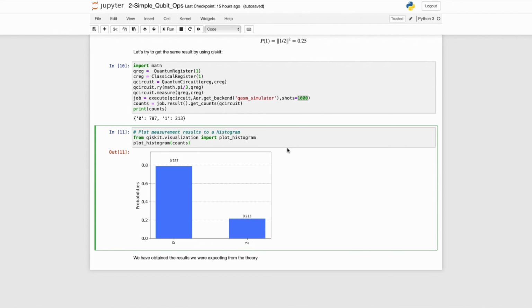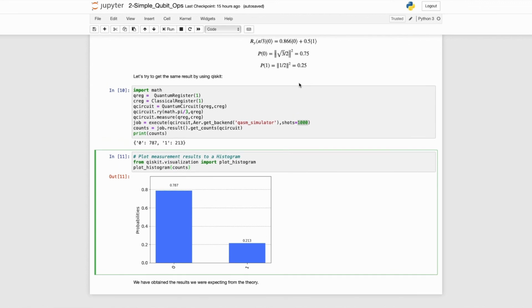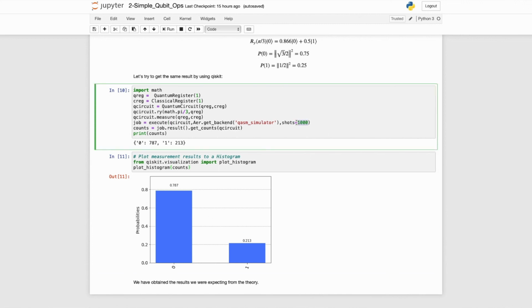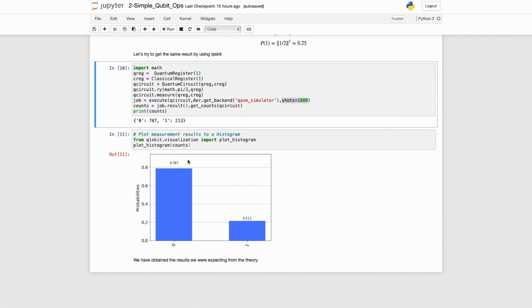So this is very close to what we expect from theory, but again, this is due to us having finite shots, and as we increase this number of shots, we will get much closer to this ratio, and we will also talk about these kinds of effects in the next notebook.